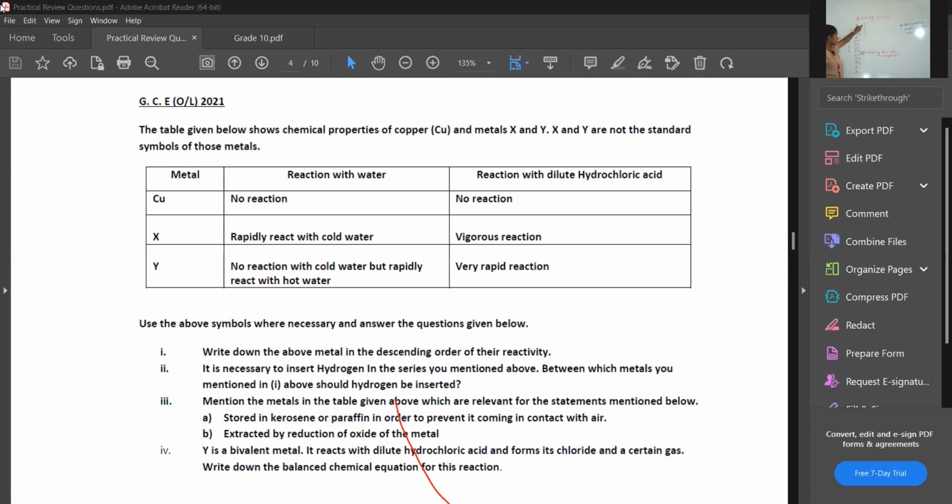So the metals at the top of the activity series, the extraction method is what? The electrolysis. I am writing here: electrolysis of fused or molten chloride.